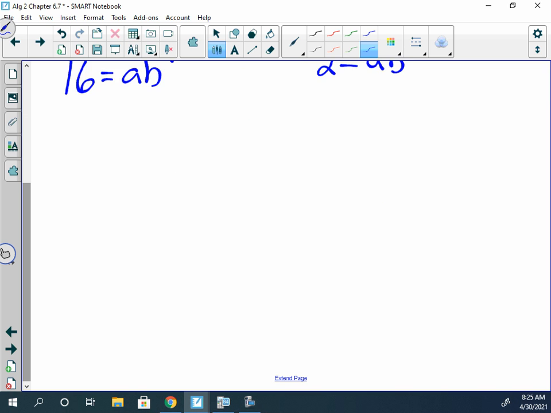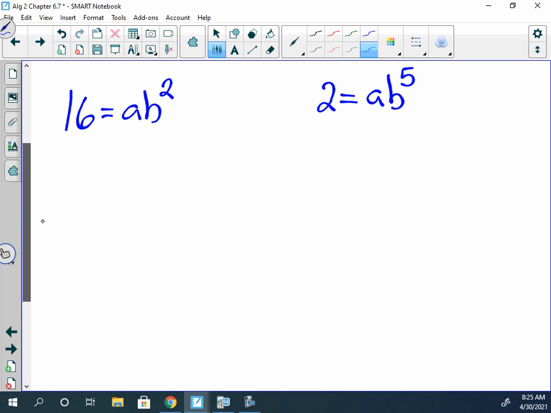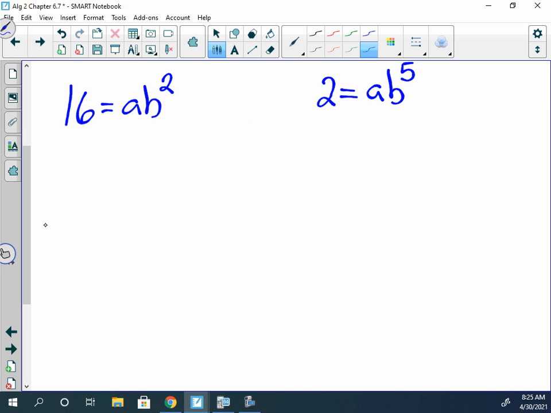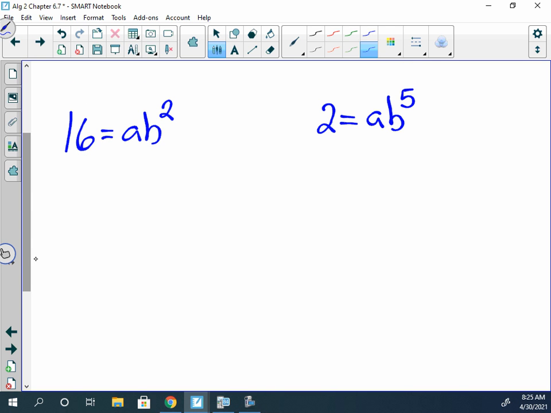Now, when we did these yesterday, the first thing that we did was we solved for the value of a. Not to get a specific value, but we tried to solve one of these equations so that a was by itself. The one that I always pick is whichever one has a value of b that is smaller. Always go after that one.